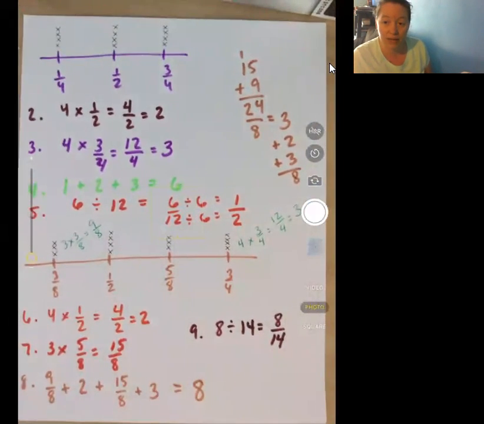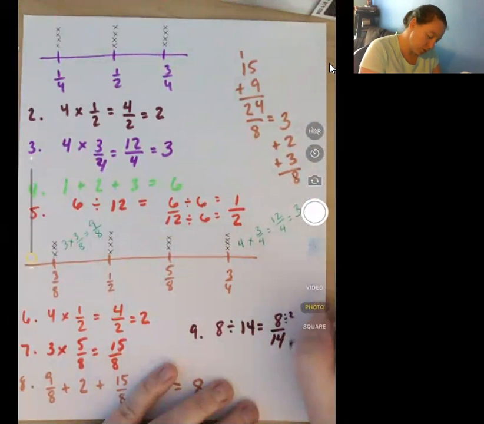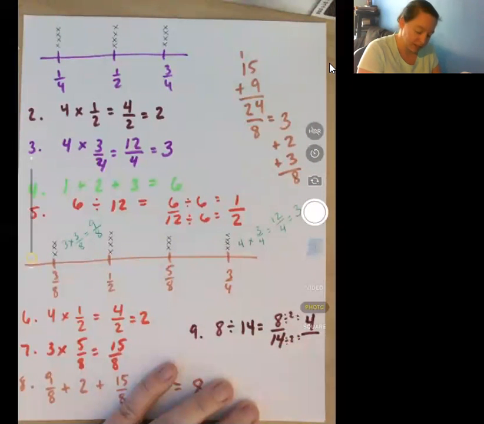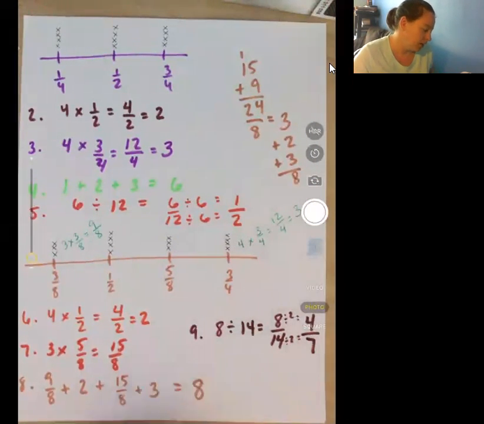And I can take out a 2, so divided by the 2. 8 divided by 2 is 4. 14 divided by 2 is 7. So 4/7 inches is the average of how long each particular bead is.